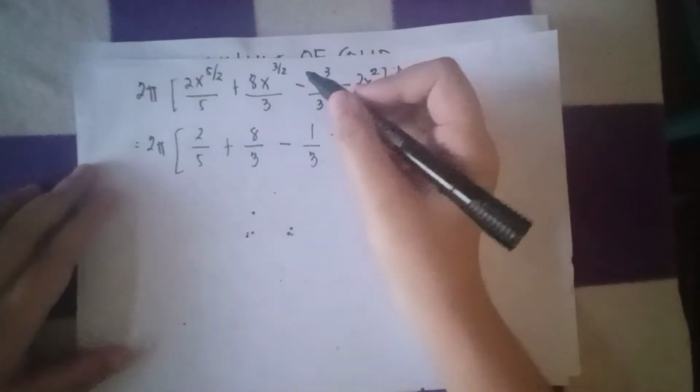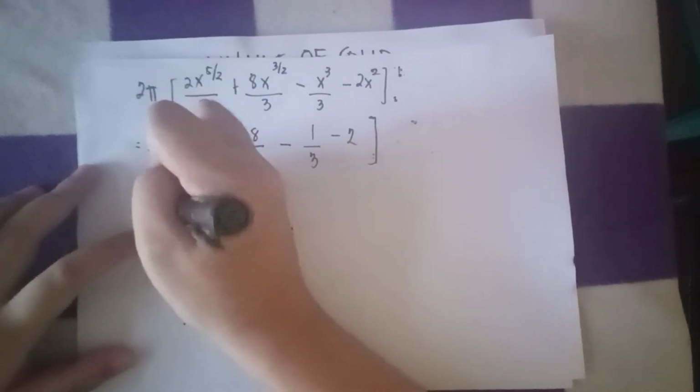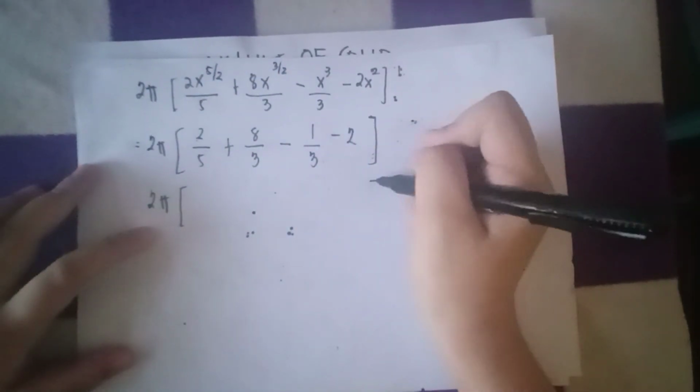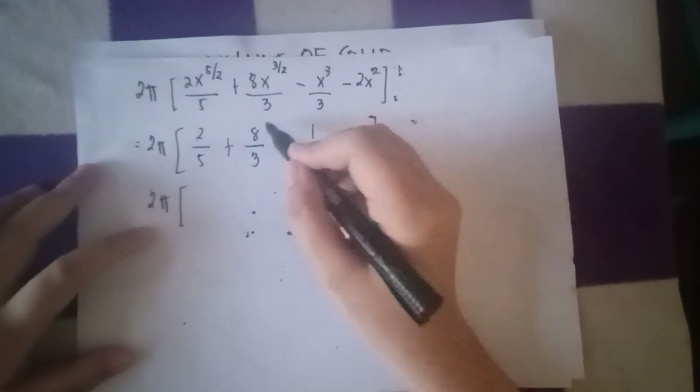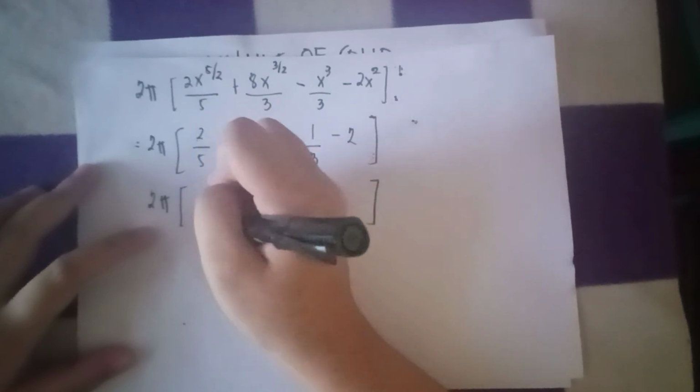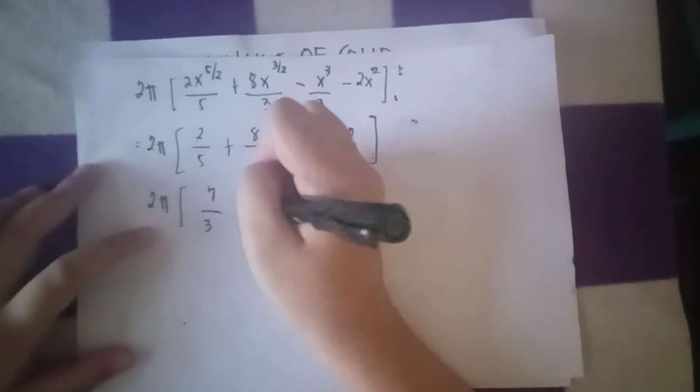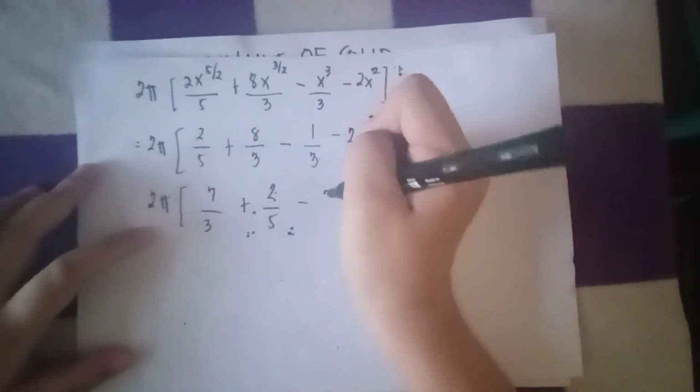So, isolve muna natin. Simplify muna natin. Dahil common factor ito, pwede natin itong i-simplify sa 7 over 3 plus 2 over 5 minus 2.